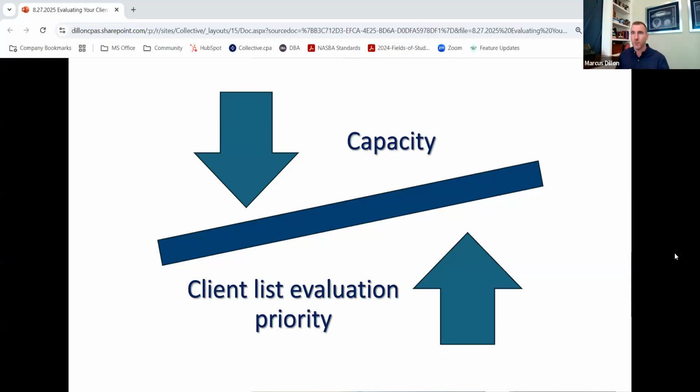If you did notice some of those warning signs, then the priority to evaluate your client list needs to go higher. So I would highly recommend taking the next steps that we'll go through in a bit and evaluating your client list as a recurring practice in your firm, regardless of capacity.